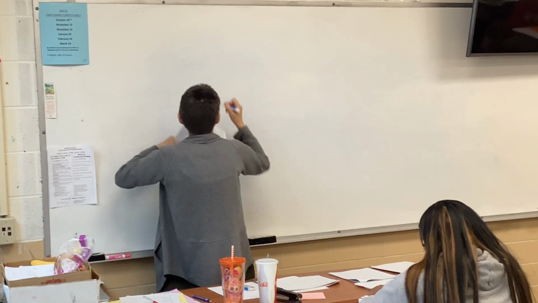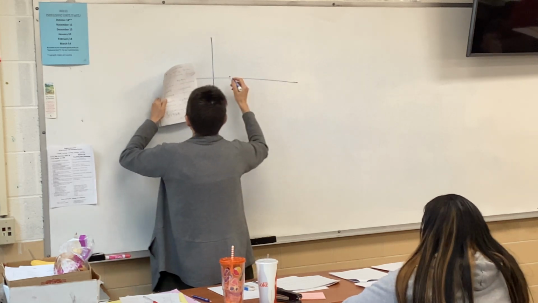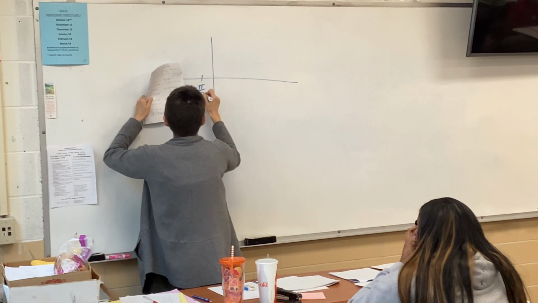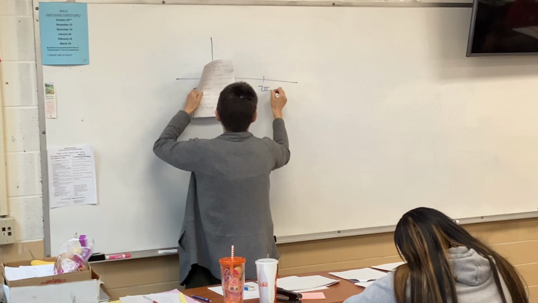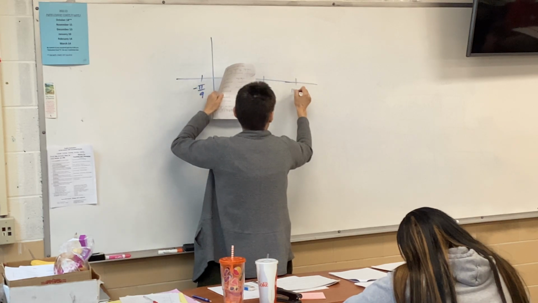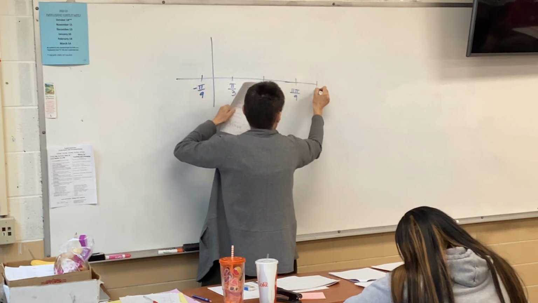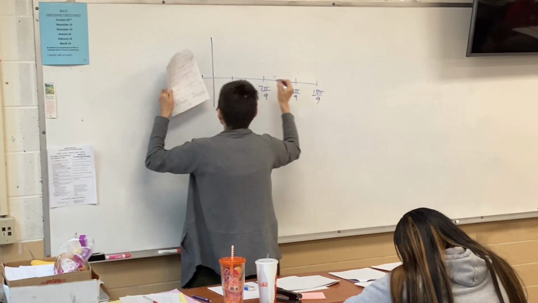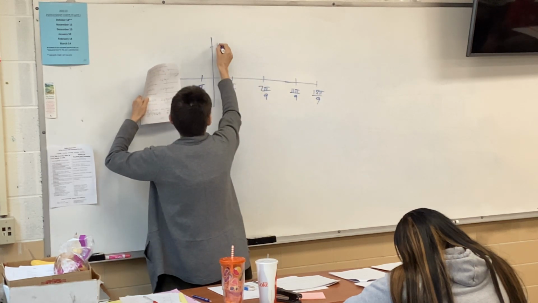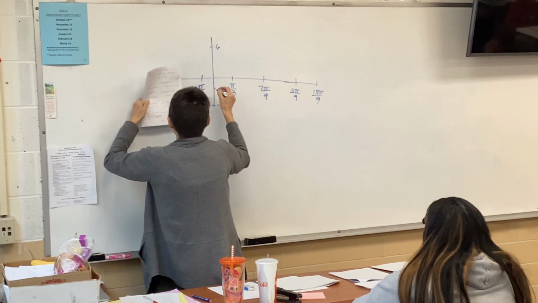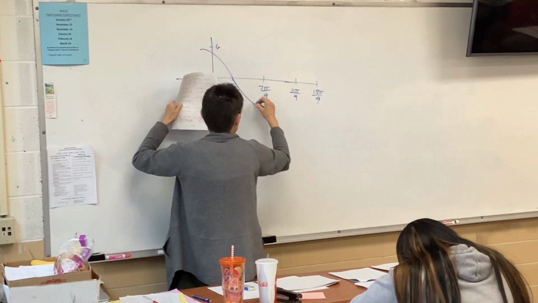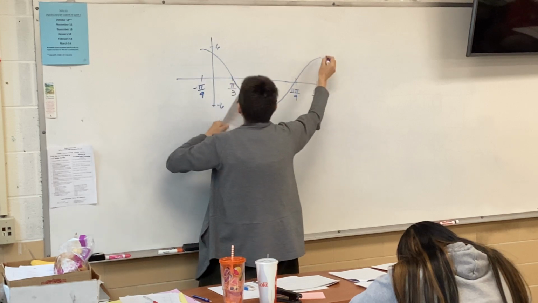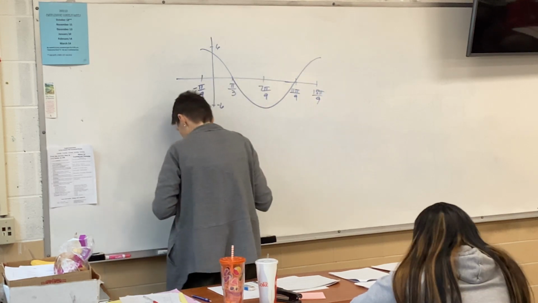So we've got this picture, and our job is to write an equation for this picture. And the equation that we write has to be a sine or a cosine.